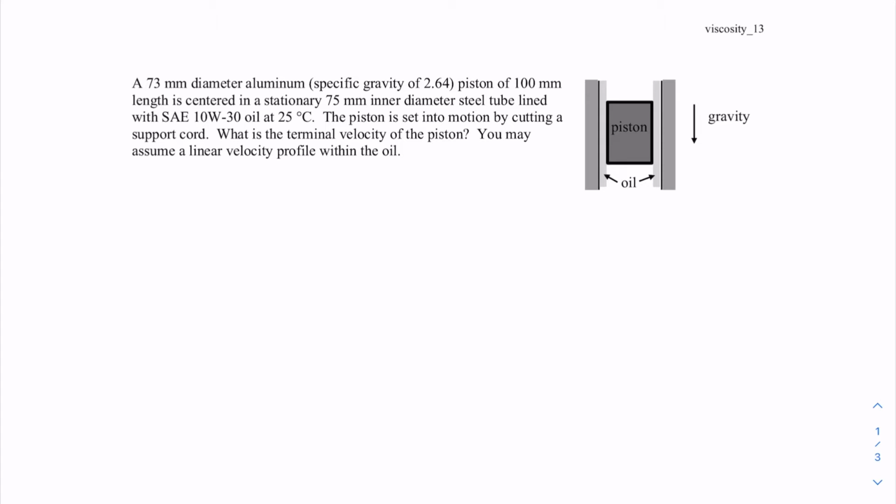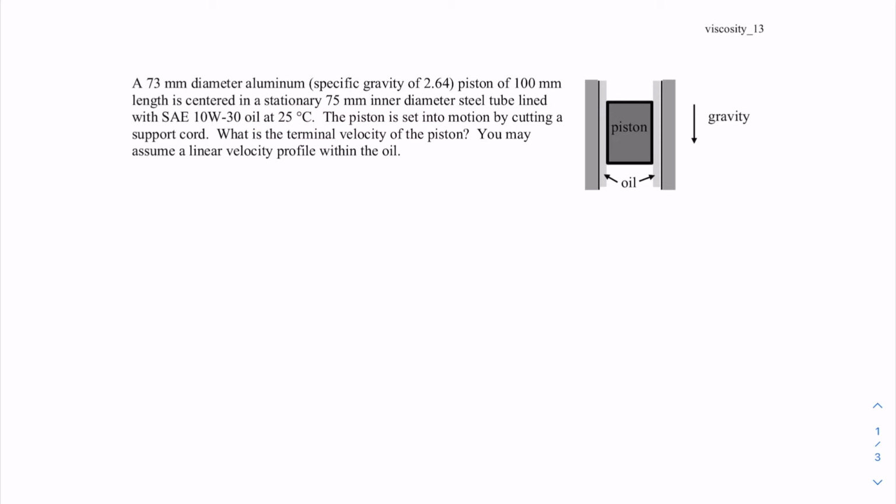The gap between this piston and the steel tube is lubricated using a specific oil given here at a specific temperature, so that the viscosity and specific gravity of this oil can be calculated.